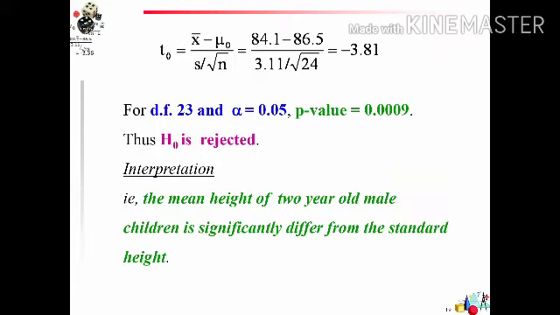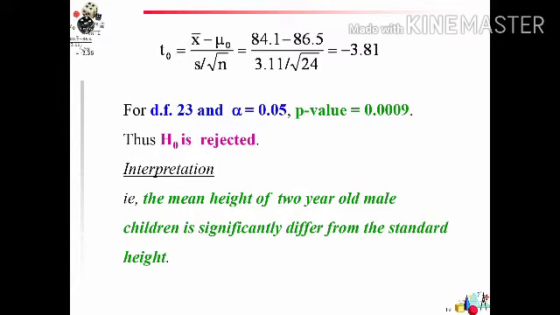Here the test statistic t naught equals x bar minus mu naught divided by s by root n, that is equal to 84.1 minus 86.5 divided by 3.11 times the square root of the sample size. Here the t naught we get is minus 3.81 for degrees of freedom 23 and alpha equal to 0.05. Here the p-value we get is 0.0009.